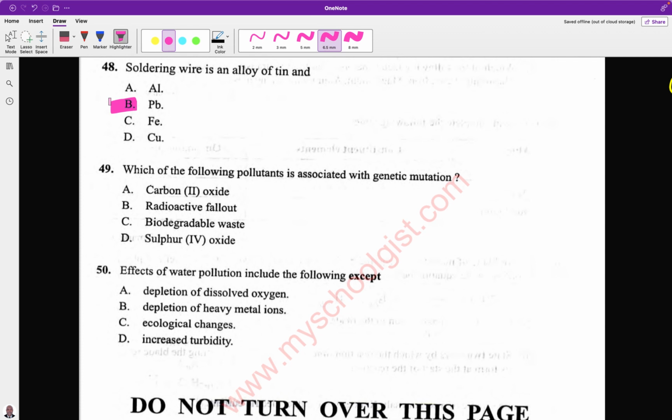It should be recalled that the only pollutant that can affect the genetic constitution, or disorder the arrangement of genes, what we call genetic mutation, is radioactive fallouts.